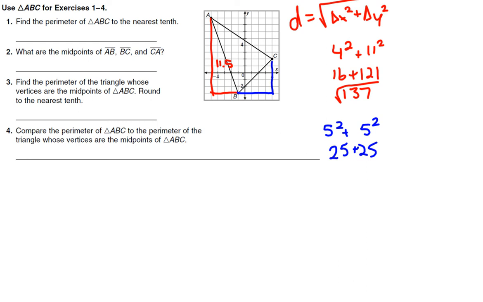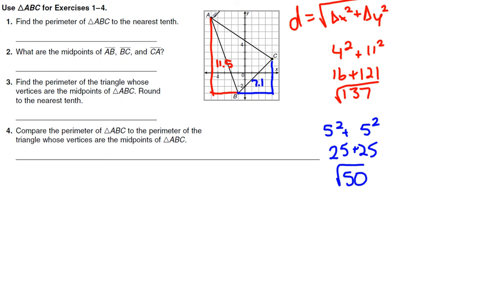Okay, I'm focused. So we get the square root of 50. Right? So the square root of 50 is a little bit more than 7, so we can say it's about 7.1. Alright. Then we do, let's go purple.